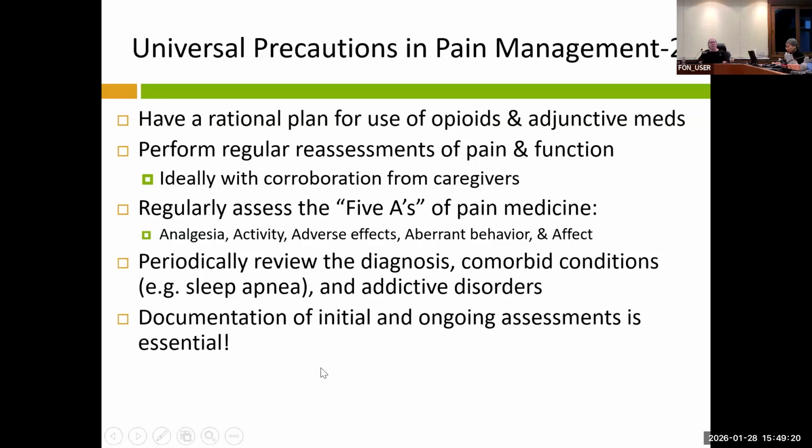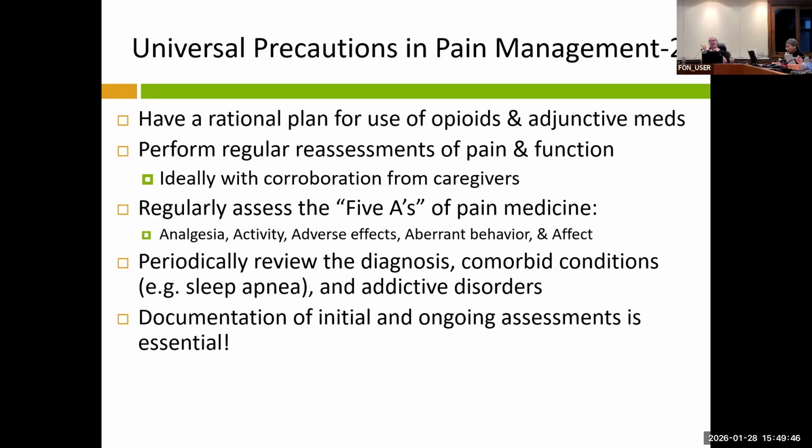We want to have a rational plan for the use of them, perform regular reassessment of pain and function, regularly assess those 5 A's of pain medicine that I talked about, and periodically review the diagnosis, comorbid conditions, and addictive disorders.